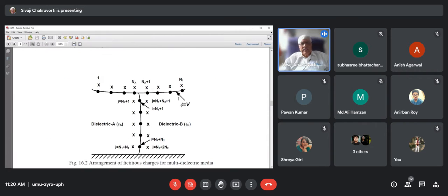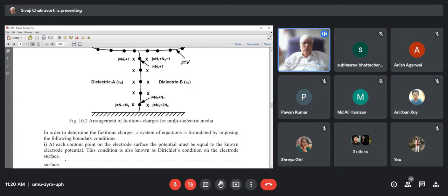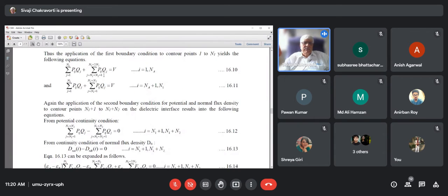And therefore, when I say that this point is a unique point on the interface, the potential must be unique. So what we do is we take the left-hand side of equation 16.10 equal to the left-hand side of equation 16.11, where I varies from n1 plus 1 to n1 plus n2.